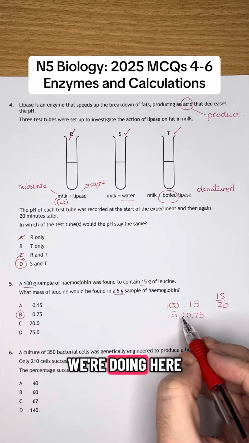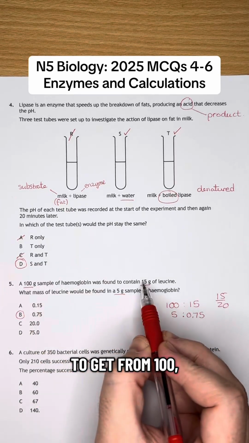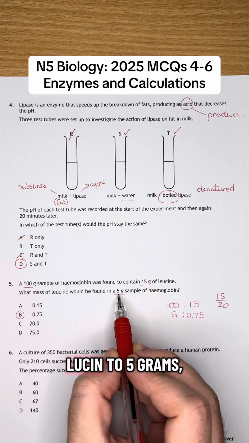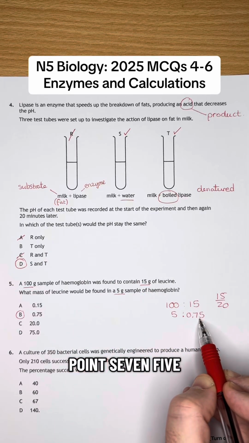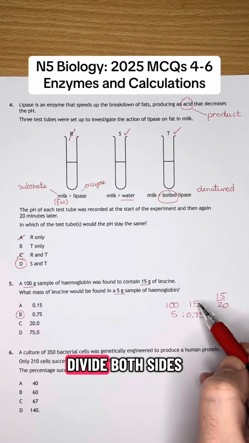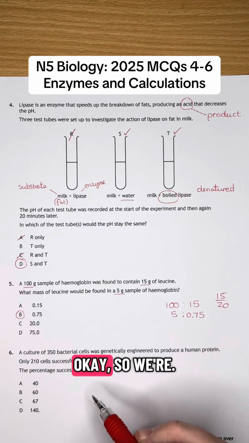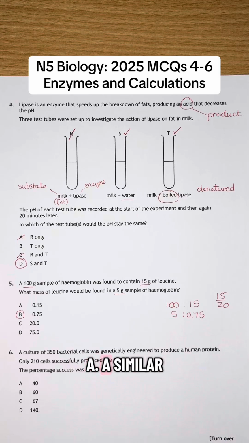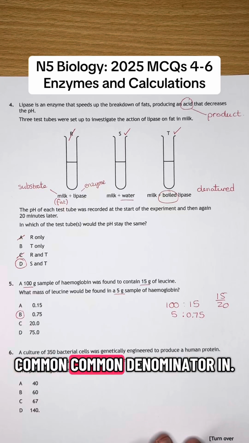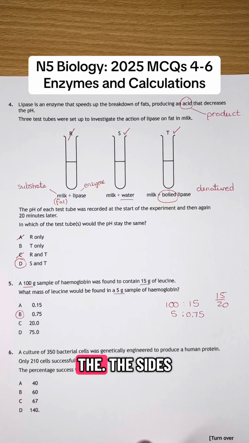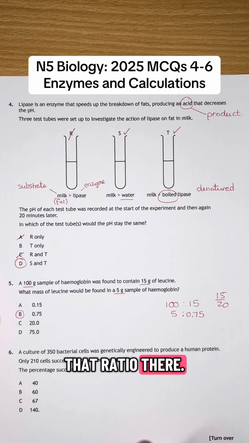Okay, so what we're doing here to get from 100, where we have 15 leucine, to 5 grams, where we have 0.75 leucine, is we divide both sides by 20. Okay, so we're basically using a similar common denominator in both of the sides of that ratio there.